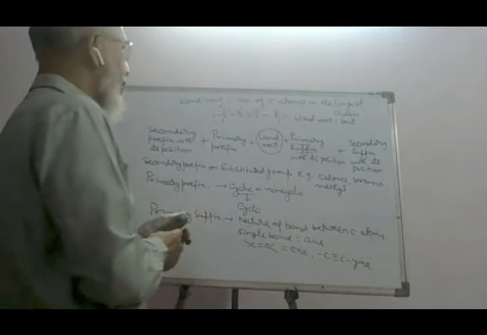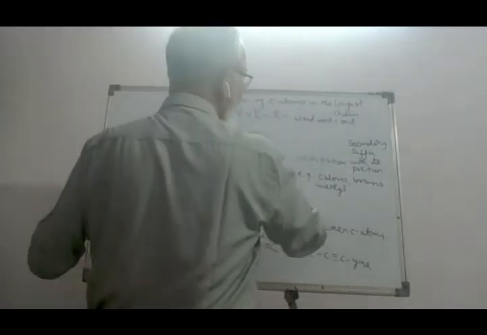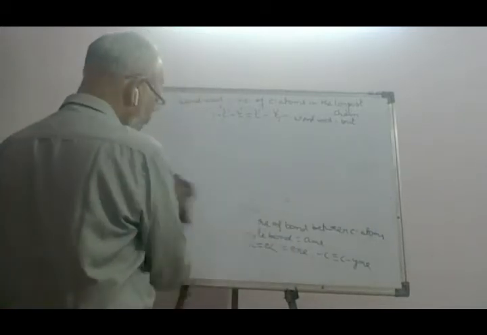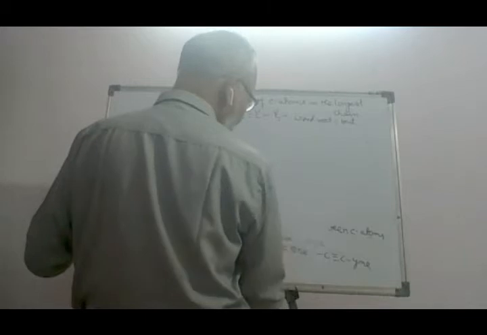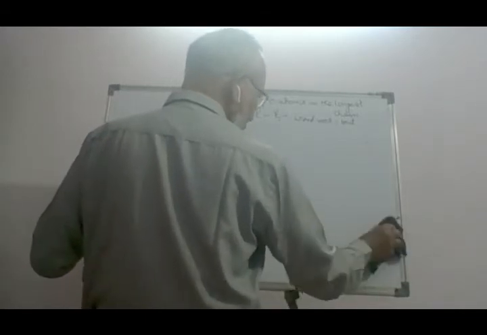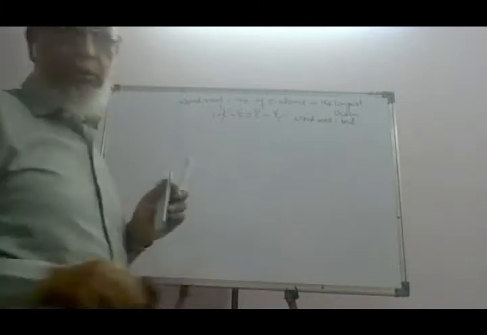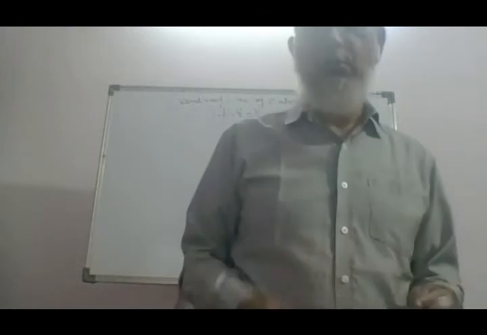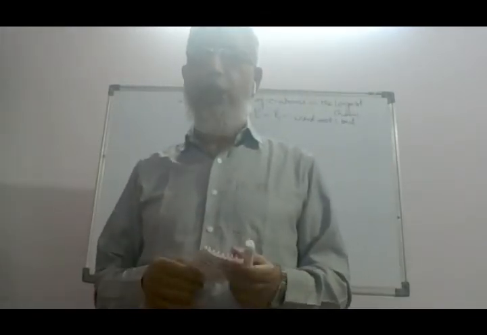Now when we take the longest chain and assign the position of the groups or the multiple bonding in the chain, then on the basis of the IUPAC naming system, the numbering should be started from that side so that the total sum of the numbers of all the locants should be minimum or lowest.